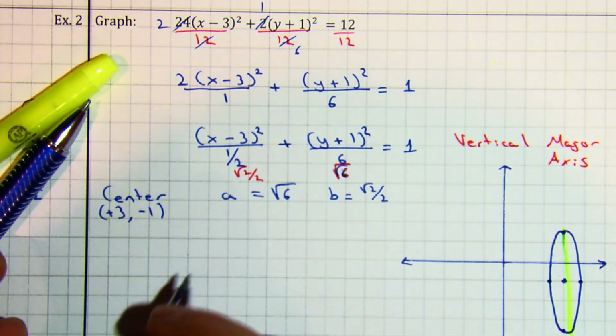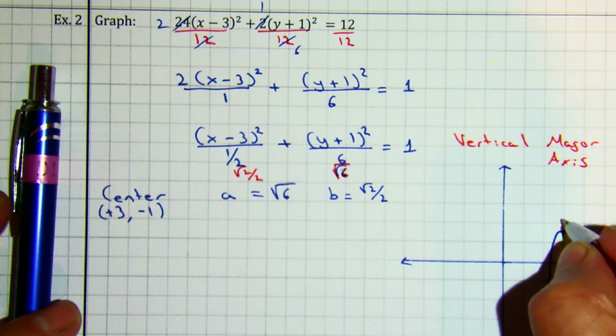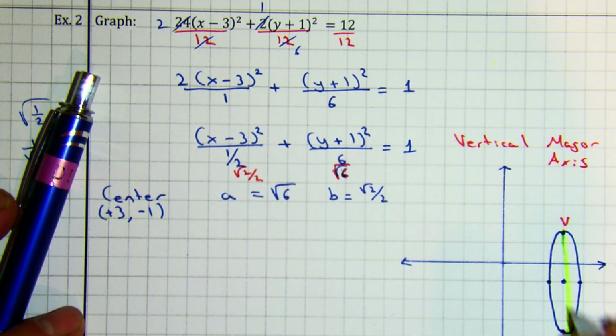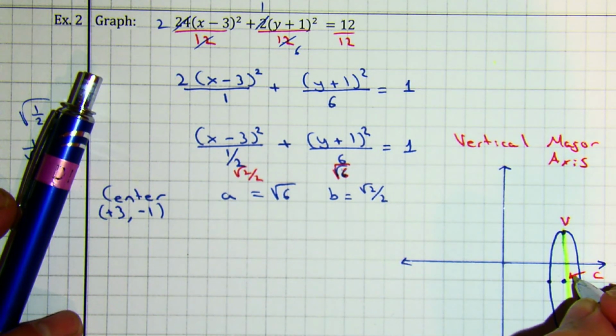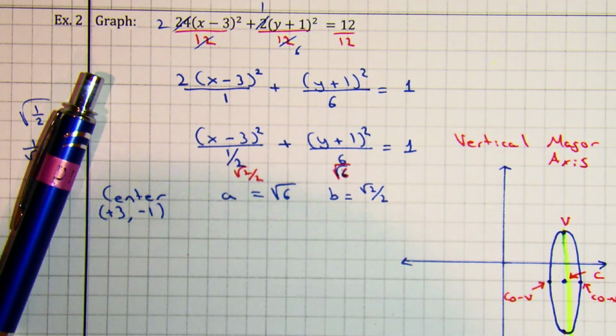That means that your vertices will be located here, and we can abbreviate it to V. This is your center. This is a co-vertex. And now I need to be able to find the value of C so I can find my foci.